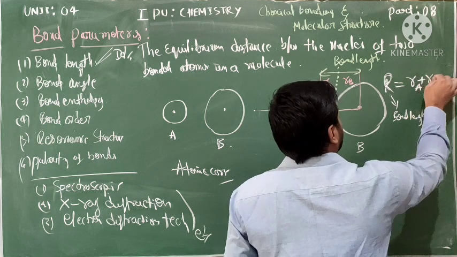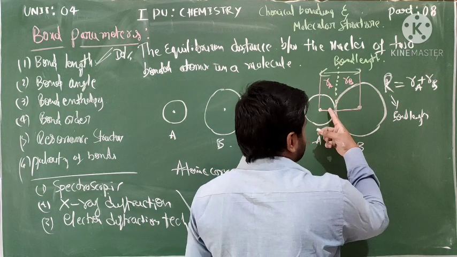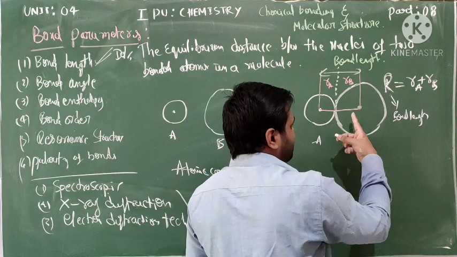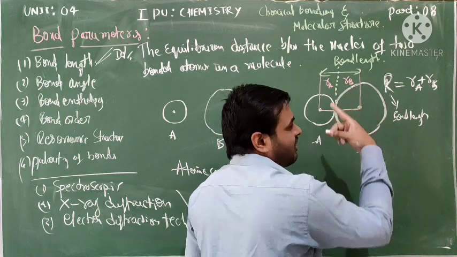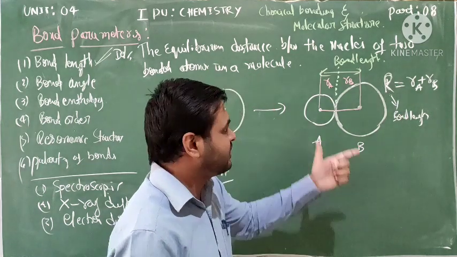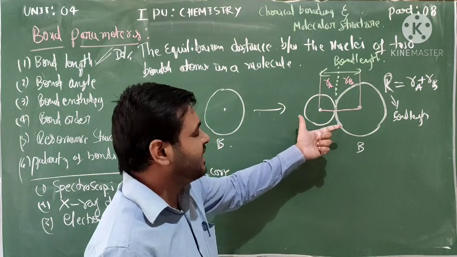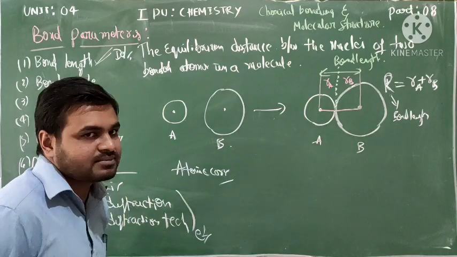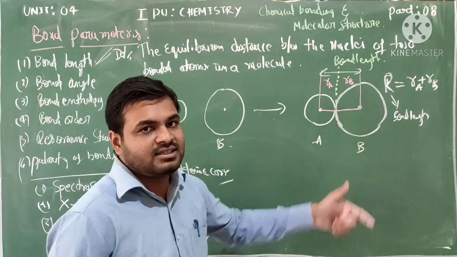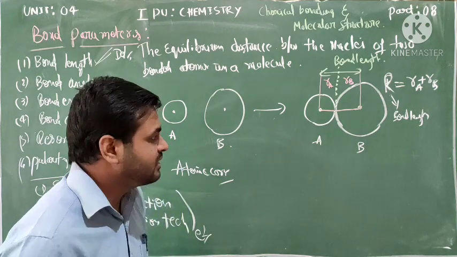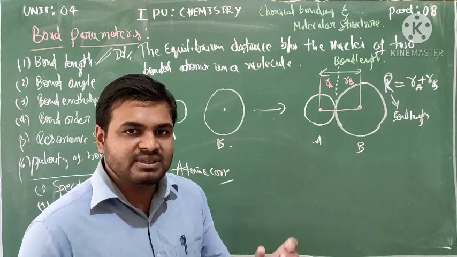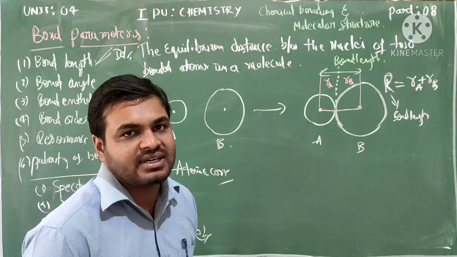RA is the atomic radius of atom A, and RB is the atomic radius of atom B. These two together, RA plus RB, we call the bond length. This applies to any type of molecule, whether one atom is small and the other is large. But we consider the covalent radius for a covalent compound, where electrons are shared equally.